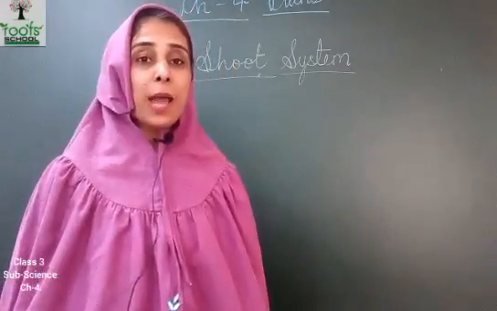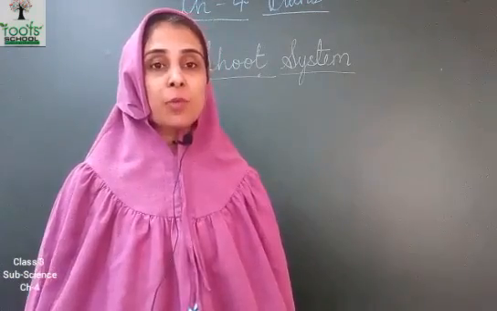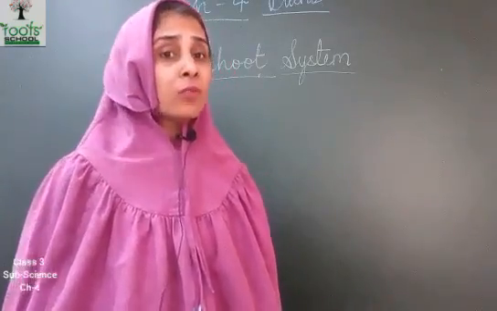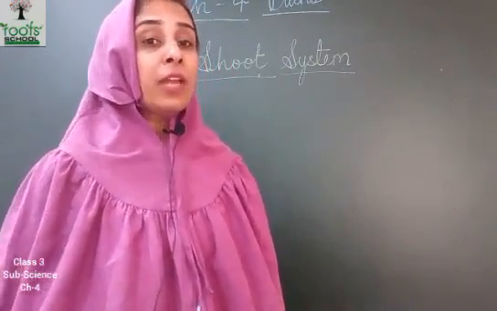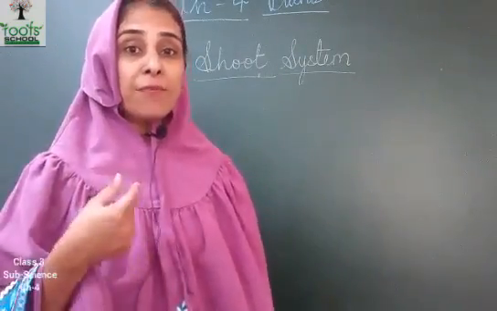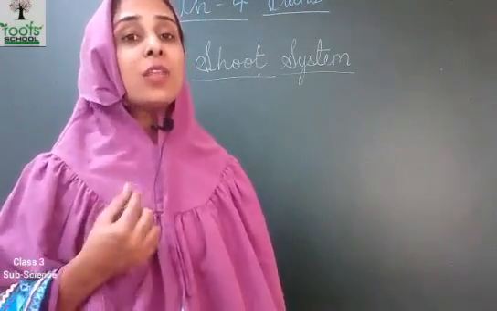So what is a stem? Stem is the main part of the shoot system, or the main part of the plant. And why is it the main part? When we see a young plant, a small baby plant, the stem is usually green in color and it is very soft.